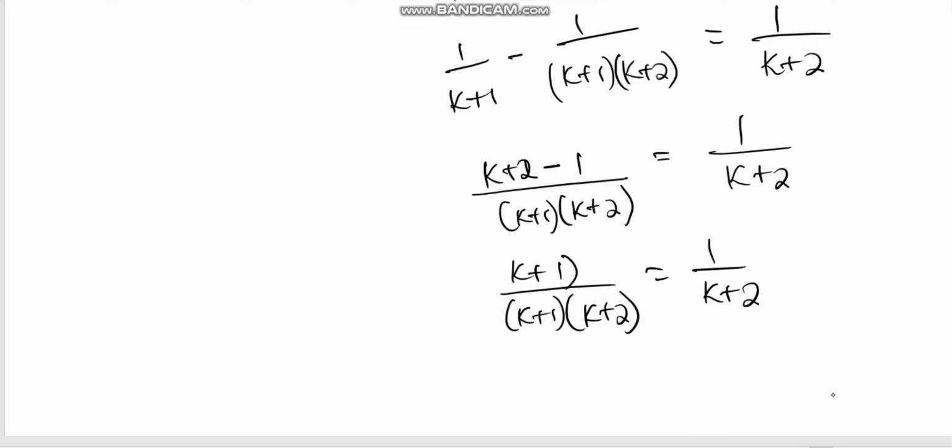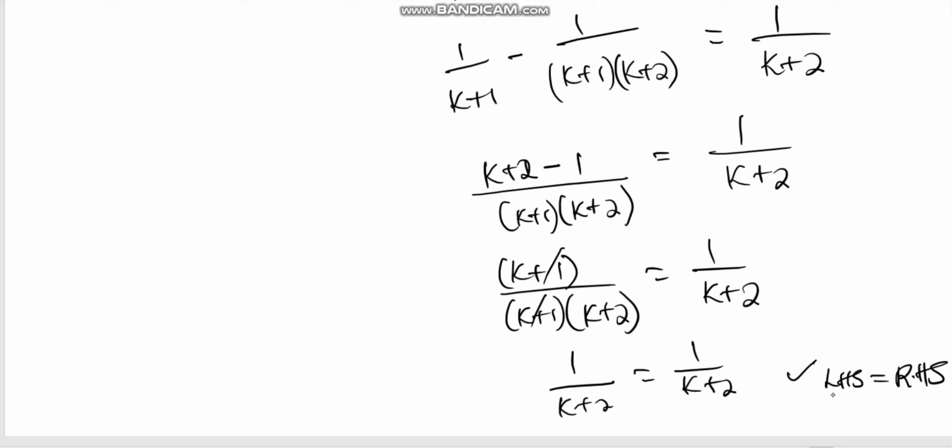So you notice that this term that we have on top, this and that term are going to cancel, hence we're simply going to have 1 over k plus 2 being equal to 1 over k plus 2 like this here. So you notice that here we have our left hand side being equal to the right hand side this side. So now if this is the case here, we can just say therefore true for n equal to k plus 1.